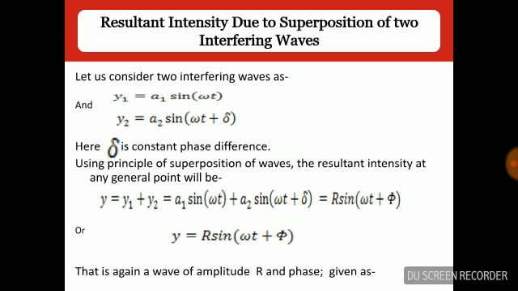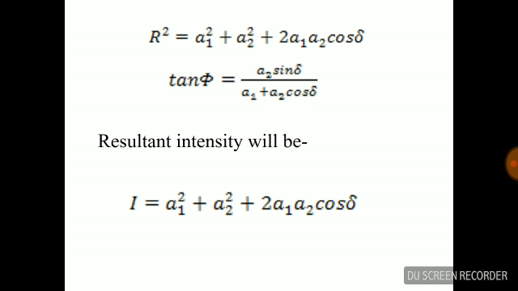Using the principle of superposition, the resultant at a general point will be y equal to y1 plus y2, which produces y equal to R sin(omega t plus phi). Here R is the resultant amplitude and phi is the phase.